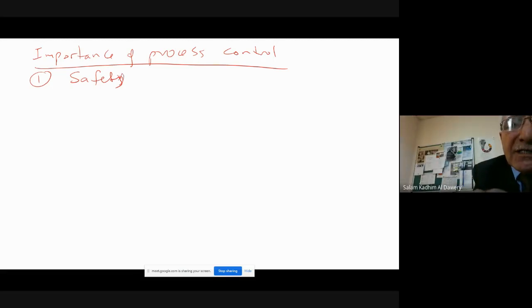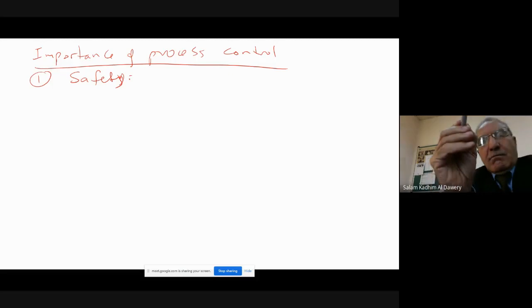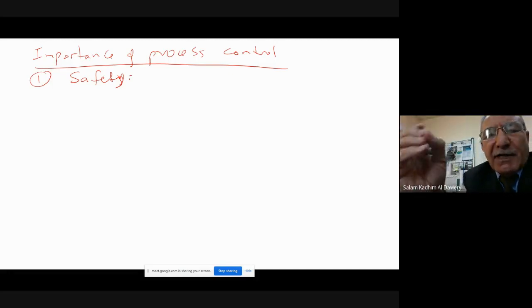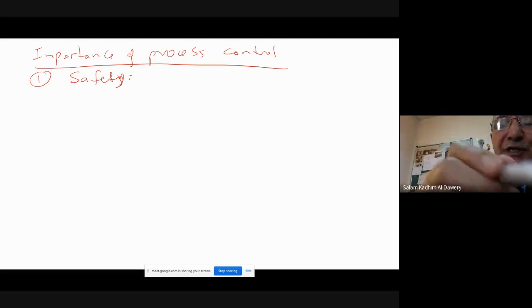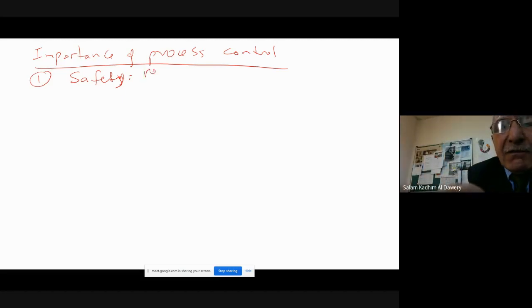Now, first importance: safety. Nowadays, it is very important to work in a safe place in the plant. So, for example, we need to have a relief valve on a pressurized process.